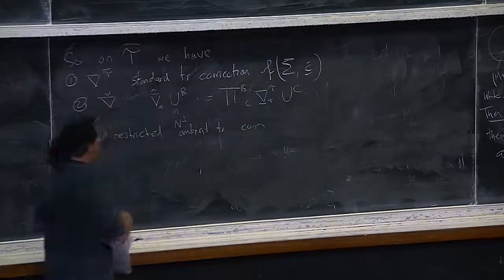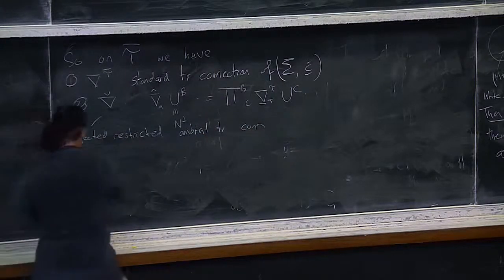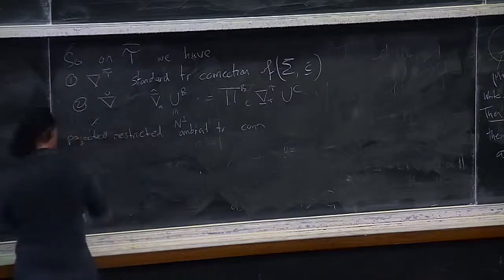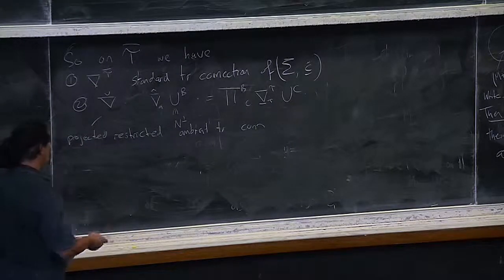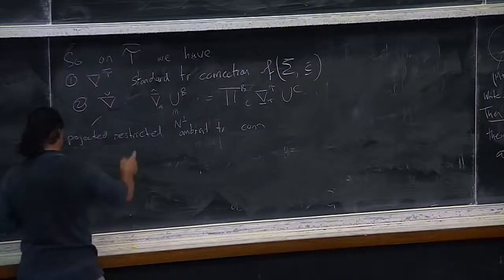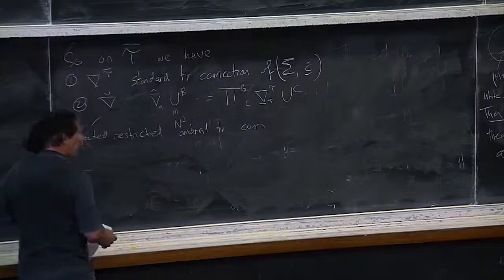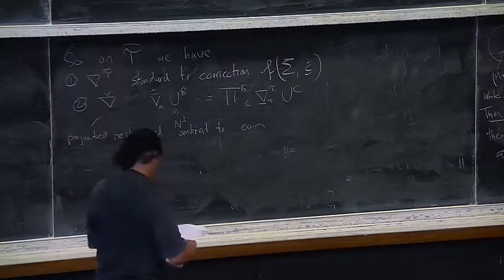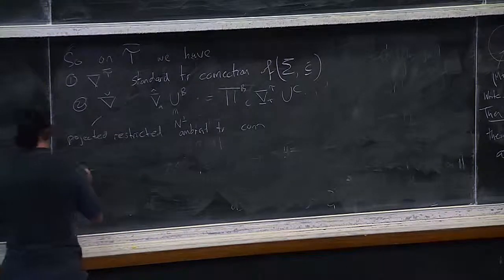And it's easy to see that this sort of thing always produces a connection. So it is a connection on this bundle. Okay, so we can compute the difference between this connection and that connection, and it'll be a one form taking values in endomorphisms of the bundle.